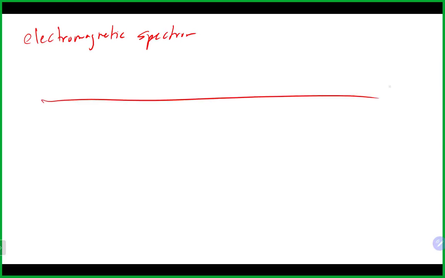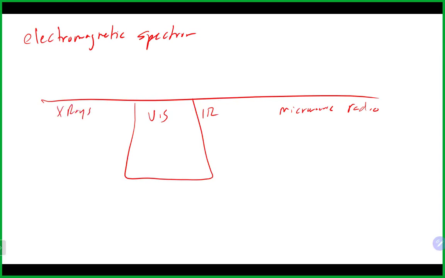Right, so we had things like radio waves, microwaves, infrared. We had things like the visible part of the spectrum, right? That's where we see color. We had X-rays, UV, and some gamma rays.